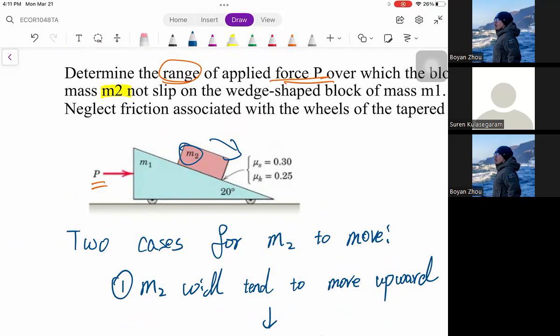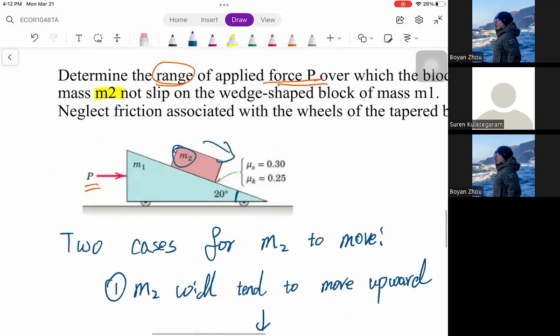But if the angle here is not small enough to keep M2 from dropping down, we definitely have to calculate a P minimum. It's about a critical angle.